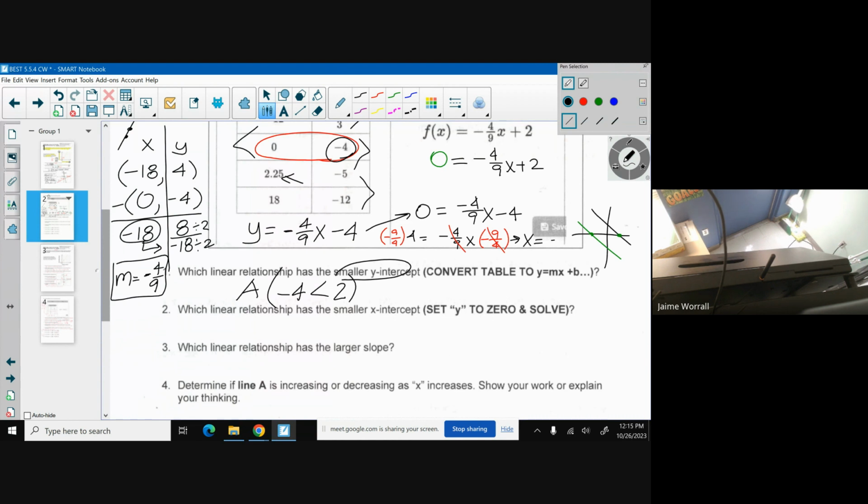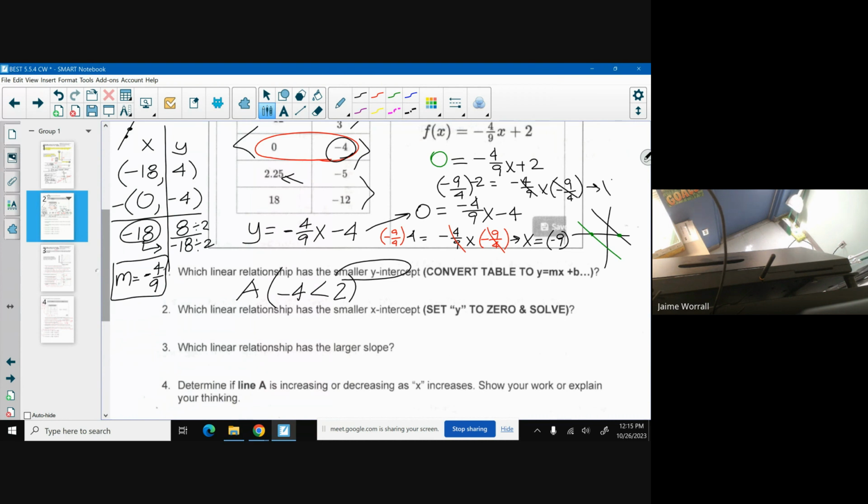And this one is going to become 2 equals negative 4/9 x. Multiply both sides by the reciprocal, negative 9/4. That's going to cancel. I just moved 2 over, so that should be a negative 2.